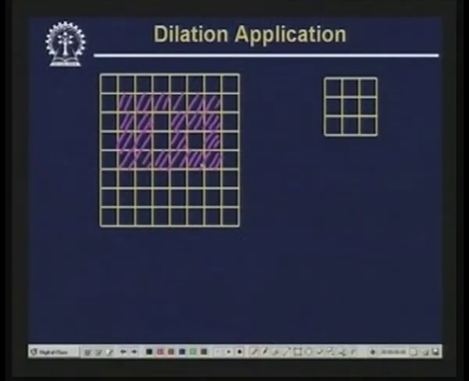So, these are my object points, and I consider that these black pixels, these 3 black pixels that I have within this object region, these black pixels are because of the noise.